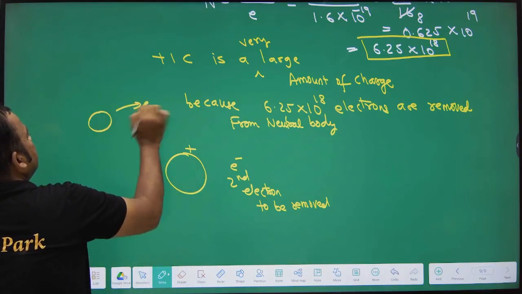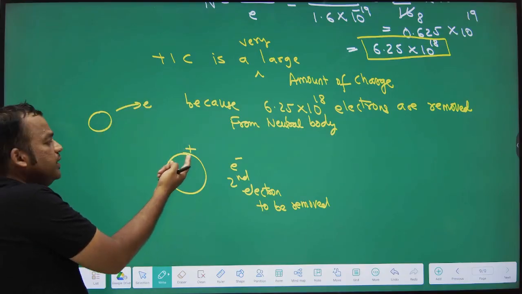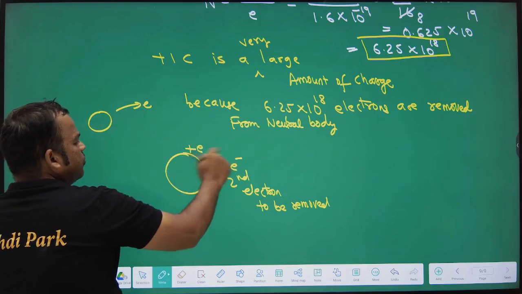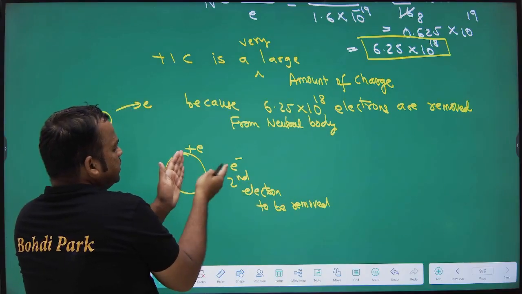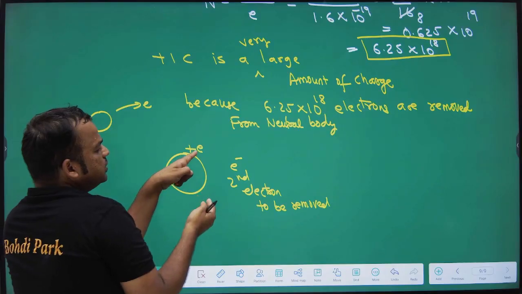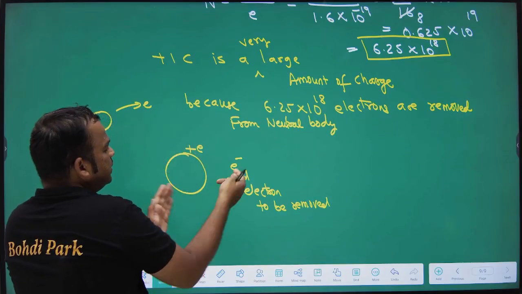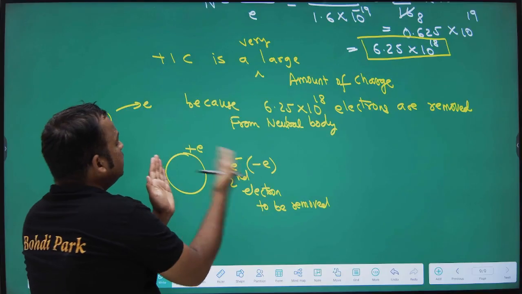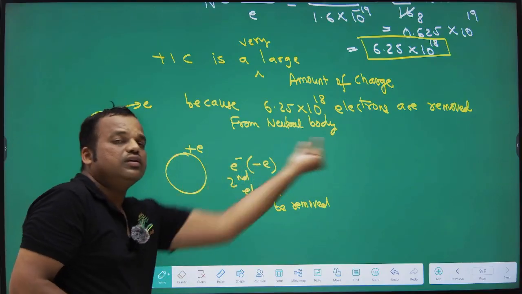When you have removed 1 electron, the object will get charge plus E on it. Then you are removing the second electron, so that second electron will experience attraction from this plus E, because the charge on this body is plus E and the charge on the electron is minus E. So plus E and minus E, they will attract. So removing this electron is not easy.